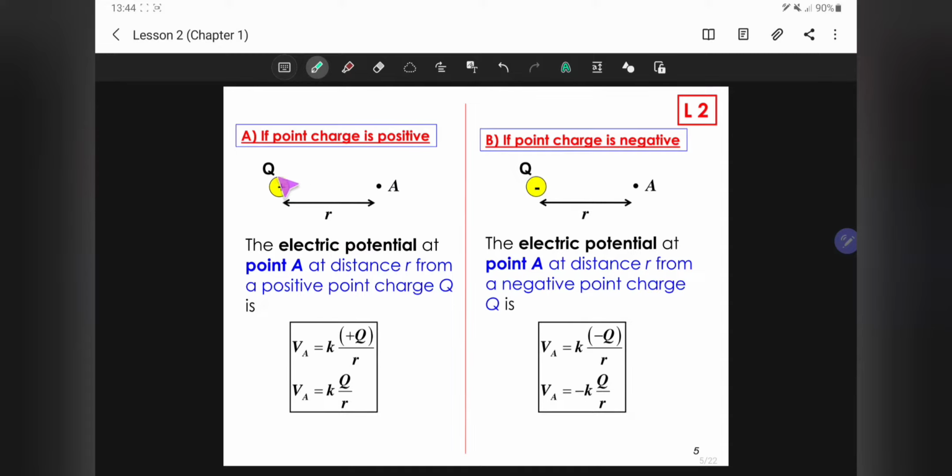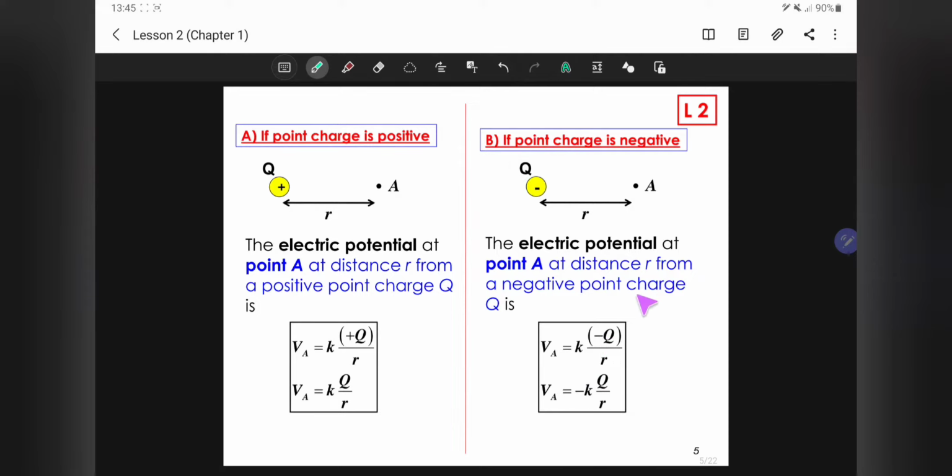And by changing the isolated point charge here to be negative, like this, point A is still the same, separated by r. The electric potential at point A here is given as V_A equals kQ over r, and the isolated charge given now is negative, isn't it? So we need to substitute the negative sign here, giving you negative potential.